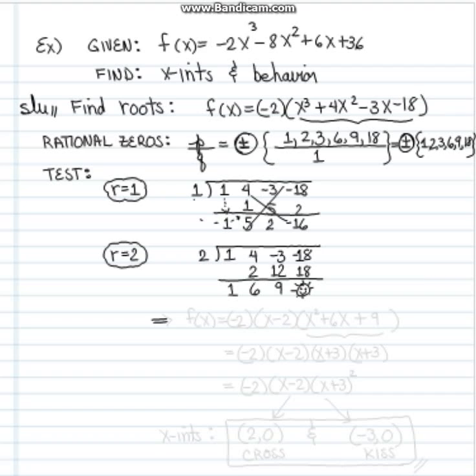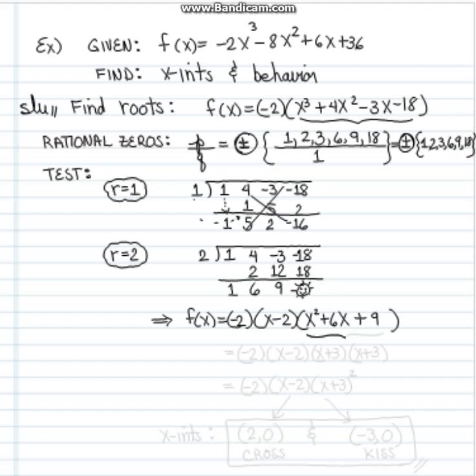So this implies that our polynomial f of x, which we already had factored a common factor of negative 2 out of, leaves the following: x minus the root that we just found, 2, times a polynomial one degree lower than x cubed, which is x squared, using the numbers on the bottom line of that synthetic division. So it's 1 times x squared plus 6 times x plus 9.